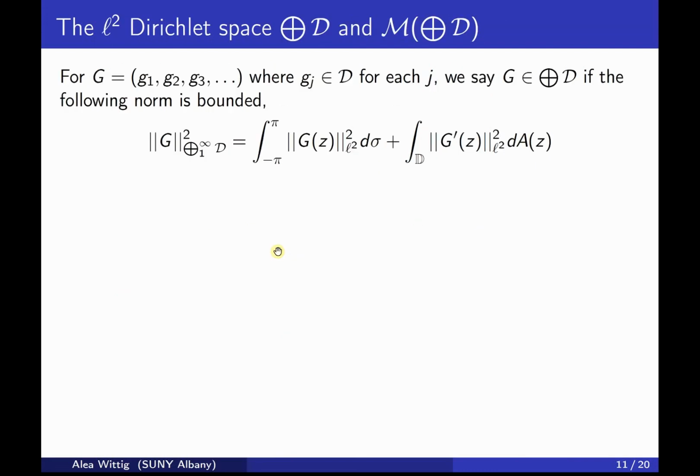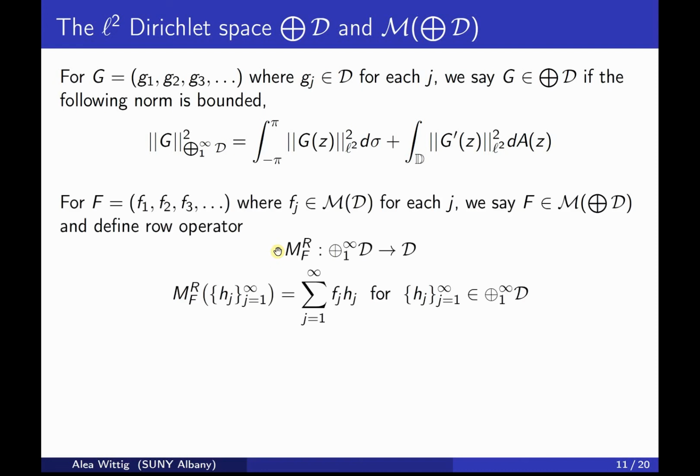Now we look at the L2 Dirichlet space and its multiplier algebra. For this infinite set of functions G_j in the Dirichlet space, we say this capital G is in the L2 Dirichlet space if the following norm is bounded. The norm is just the same as the Dirichlet norm, except replacing the absolute values with L2 norms.